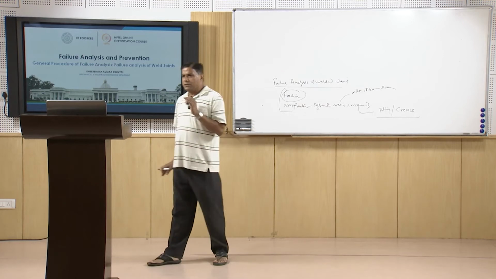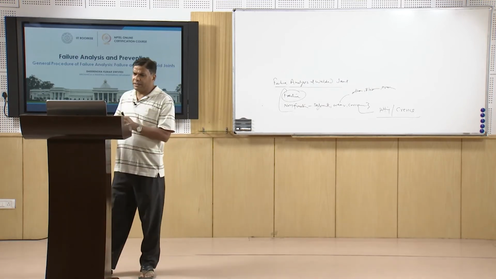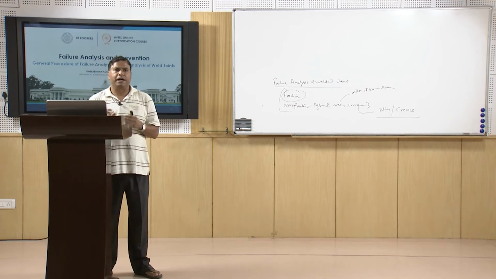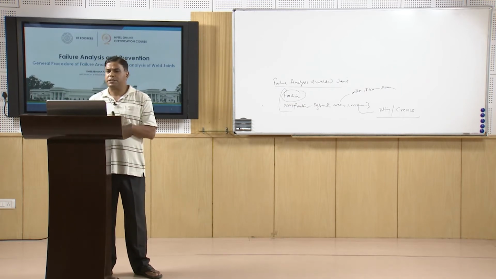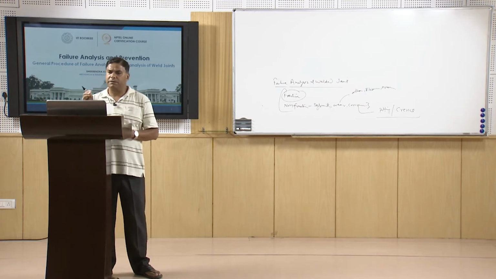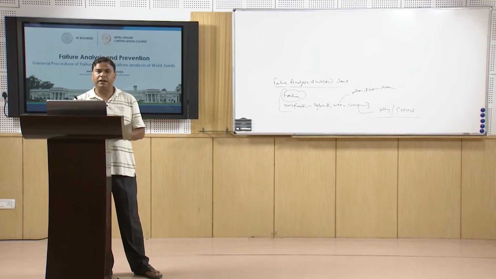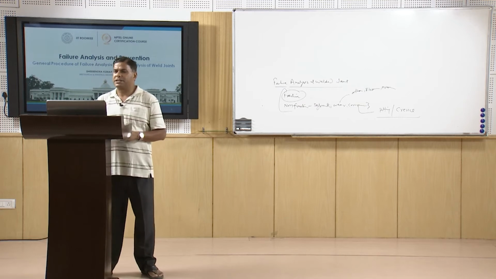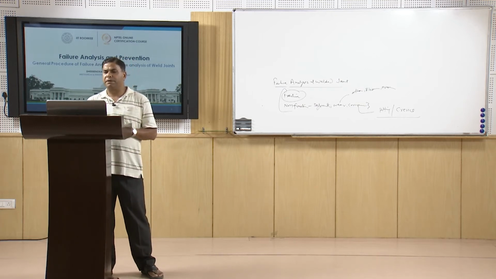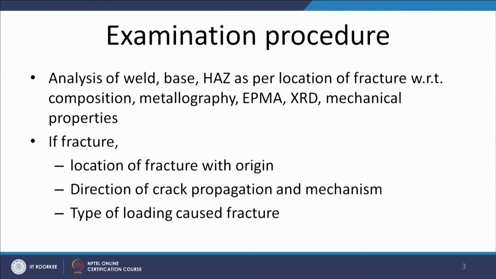So, as far as further examination is concerned, the analysis of the weld, base metal or heat affected zone, and what aspects should be investigated, will be decided by the location of the fracture. We can carry out investigations in terms of composition, metallography, EPMA, XRD analysis, and mechanical properties.